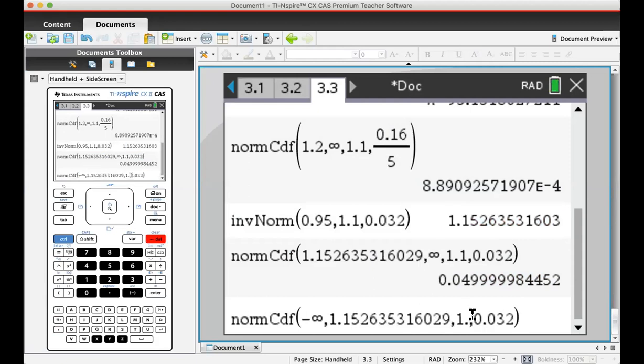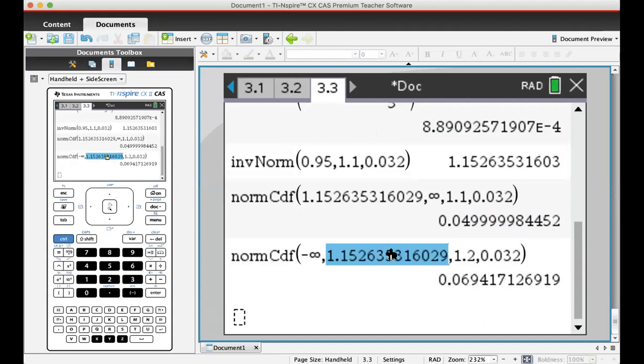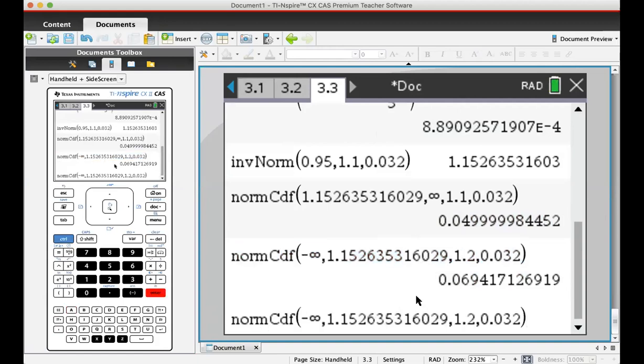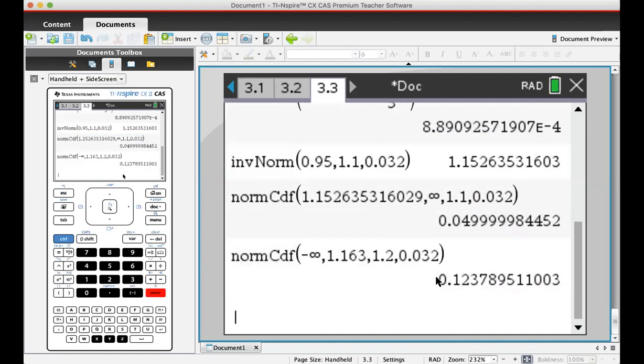Change 1.1 to 1.2 and see how we go. Hang on a second. No. 1.163. There we go.